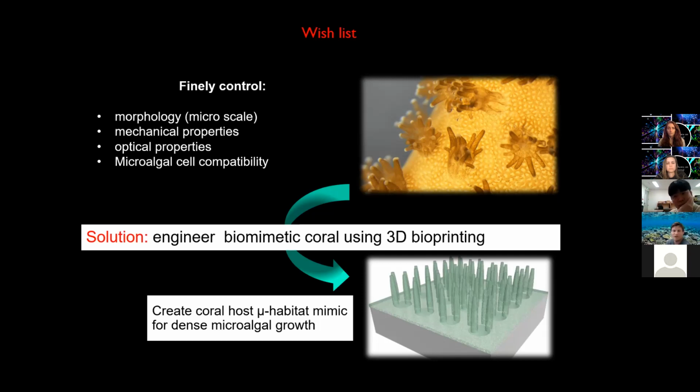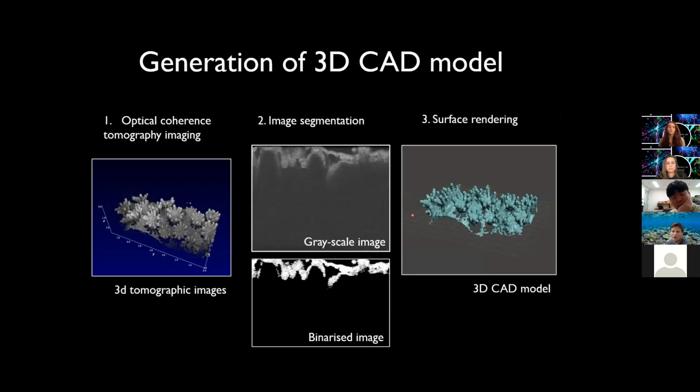Some of the workflow basically involved first to define the input architecture. For the first project, we used optical coherence tomography scans that we then had to segment, binarize and get the surface out, get the skeletal architecture out, develop a CAD model, and then this CAD model could be used for 3D bioprinting.